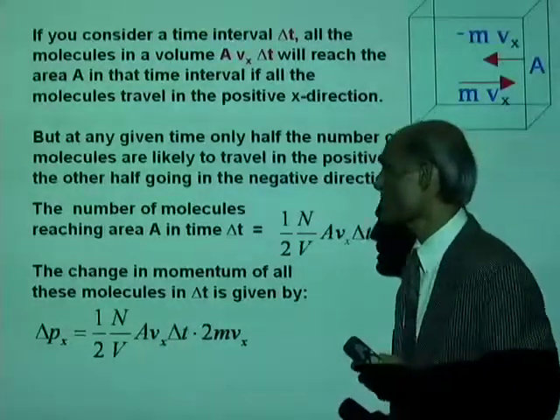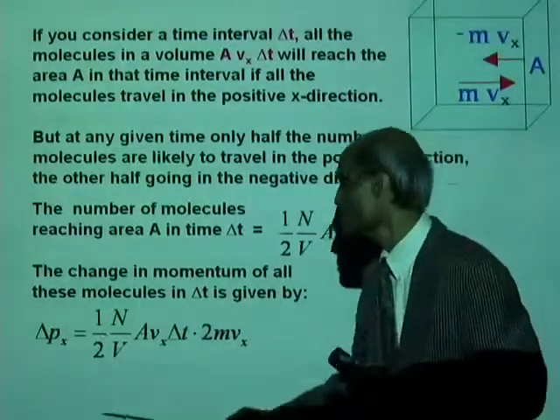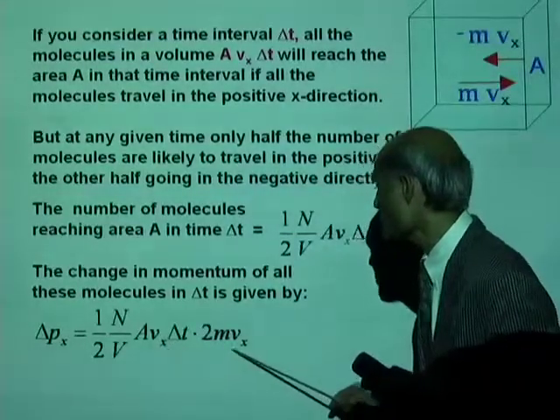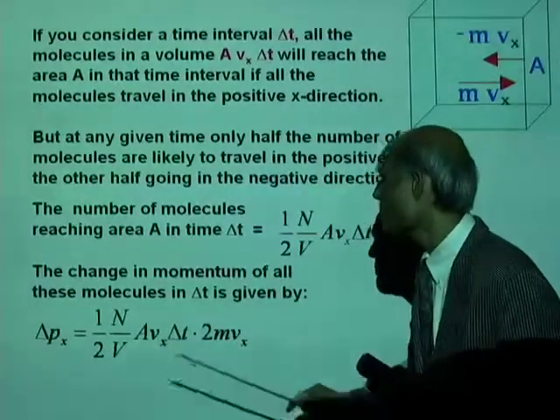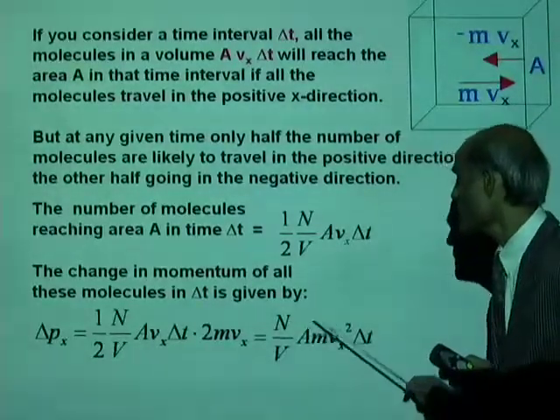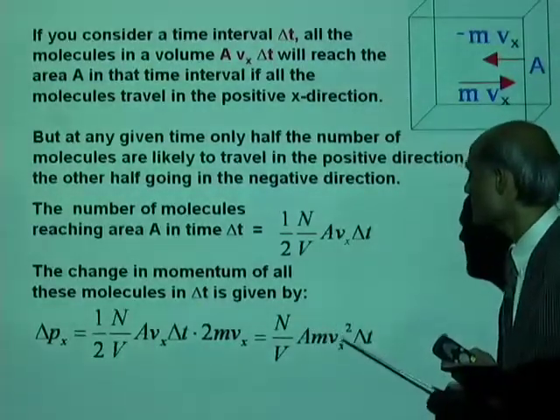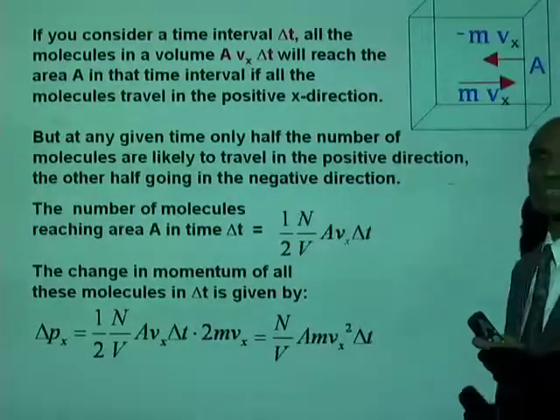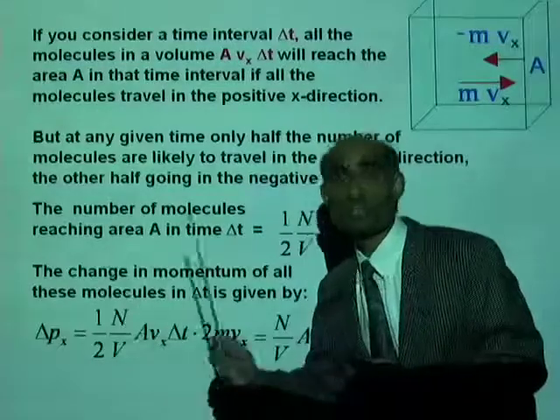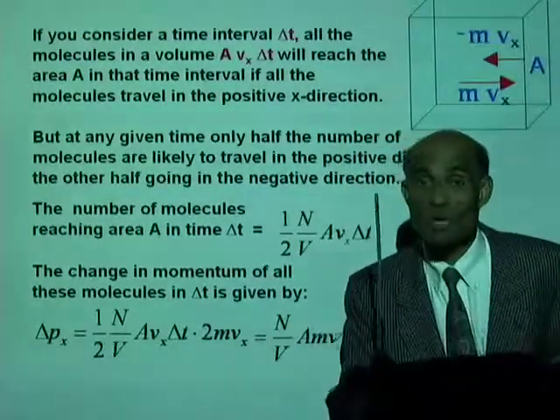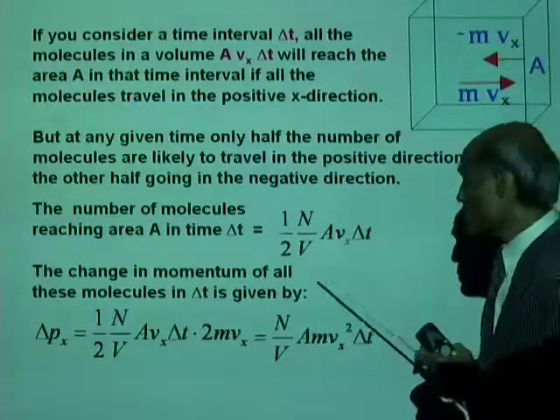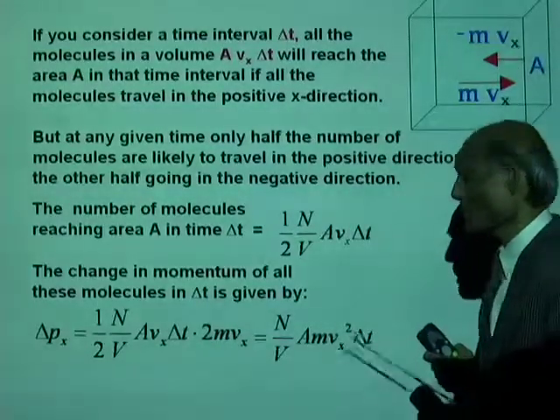What does that simplify to? Well, the 2 and the 2 go, and Vx multiplied by Vx will give you Vx squared. That is n over V A m Vx squared delta t. What does this represent? This represents the total change in momentum that happens at this wall during this time interval.